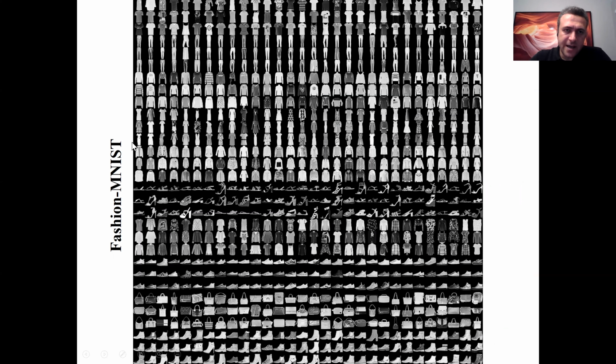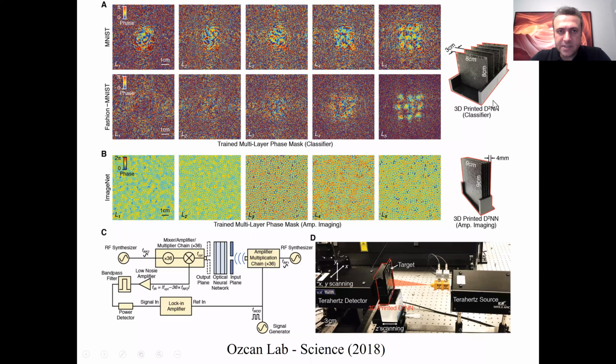Next, we took this to a more challenging data set. This is called Fashion MNIST. It's another publicly available data set. As you can see, some examples are shown here. It's composed of 10 data classes: sneakers, bags, boots, t-shirts, dresses, etc. So each one of them is a single class that we were tasked to separate into 10 unique data classes with this system.